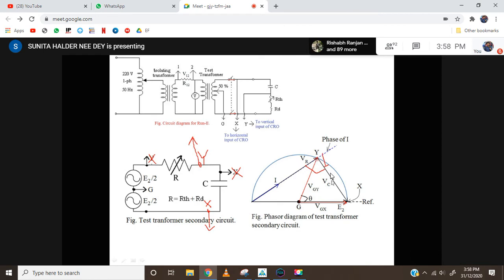That means VC tends to zero. At that condition, the Y point will be superimposed on the X point. So we shall get a 0-degree angle. If we want to measure 0 degrees, we shall open the resistance, because open means infinite resistance.